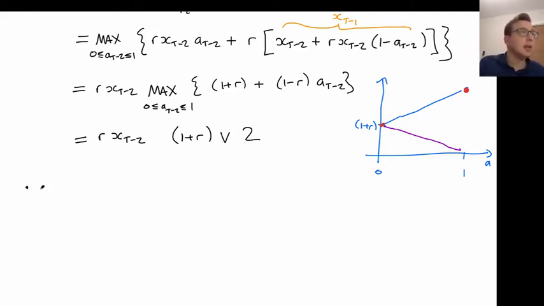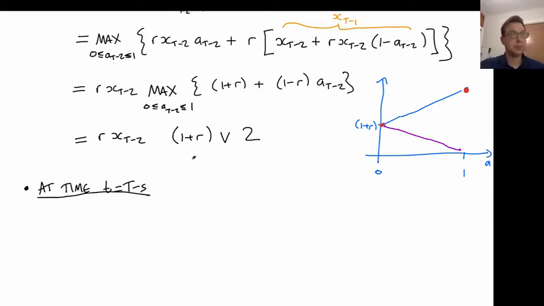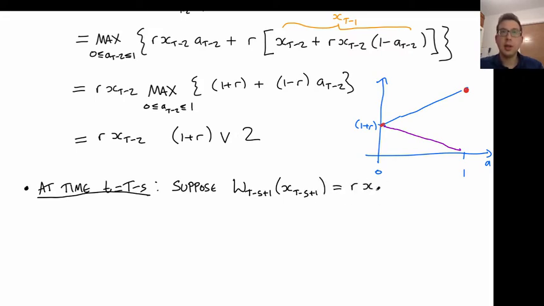So let's do that. At time t equals capital T minus s, let's suppose that the next reward function has the following form: x of capital T plus 1, again the reward times the consumption times rho of capital T minus s plus 1.